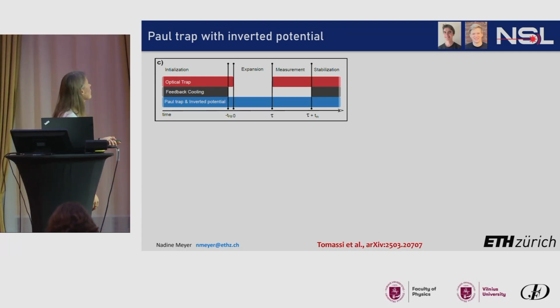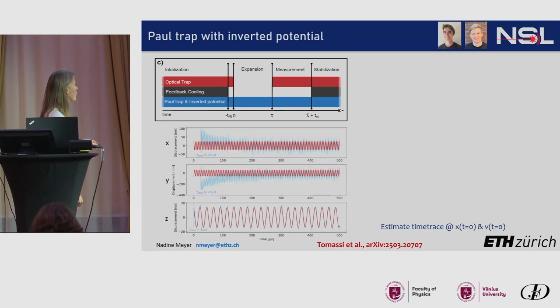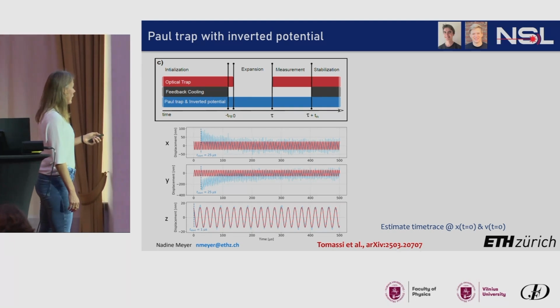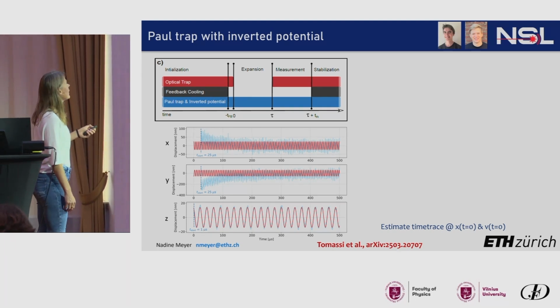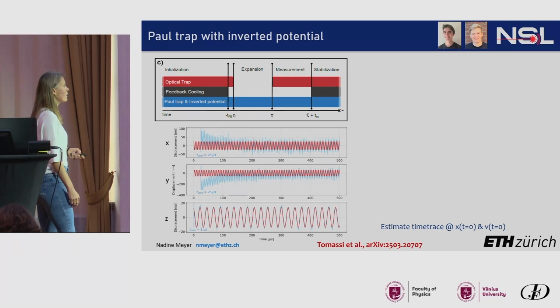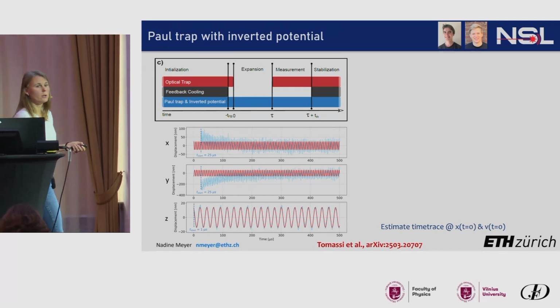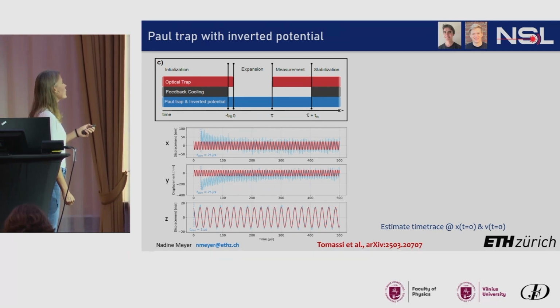So in our measurement, we retrap the particle in the optical potential, and then we see it oscillating at a larger amplitude. And we are interested in the state the particle has at this point. If we just look at the summed up time trace, we will not get this information.